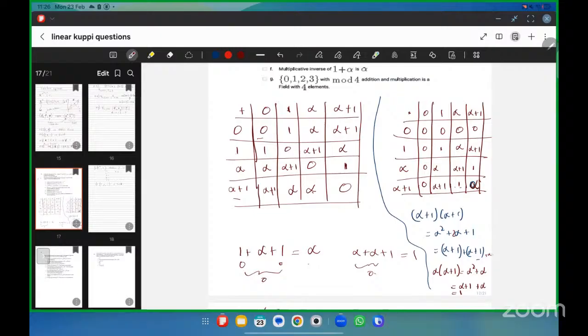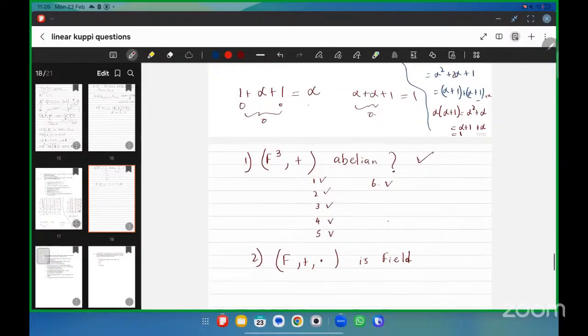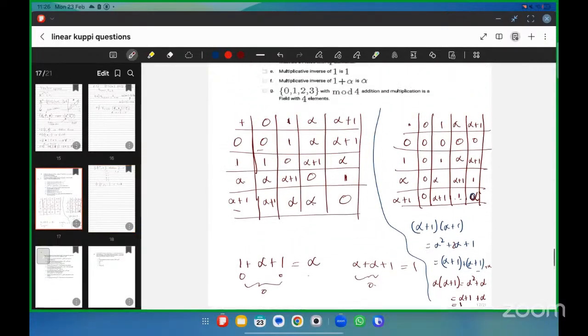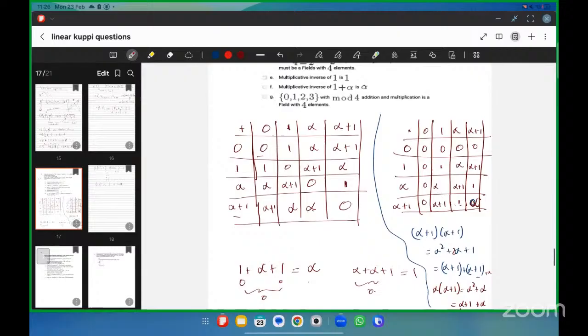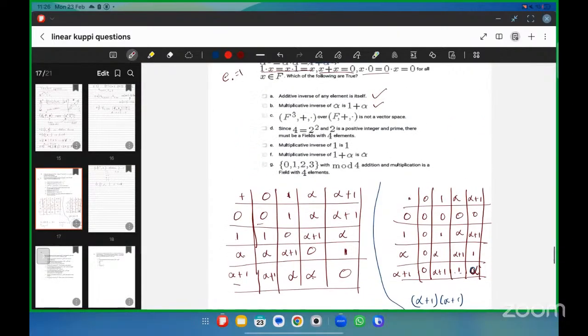So here they are saying it is not a vector space.